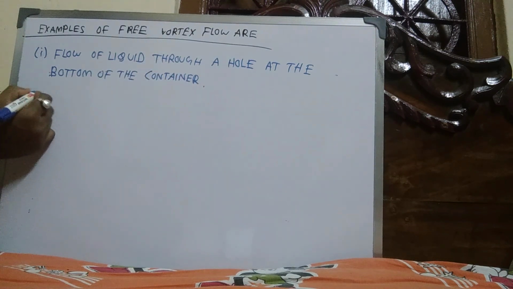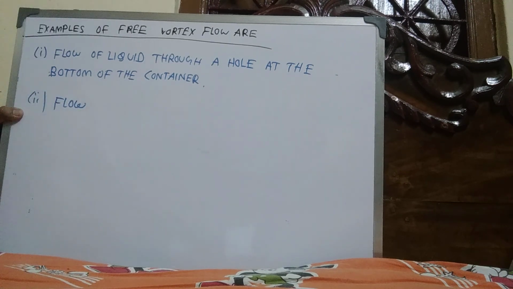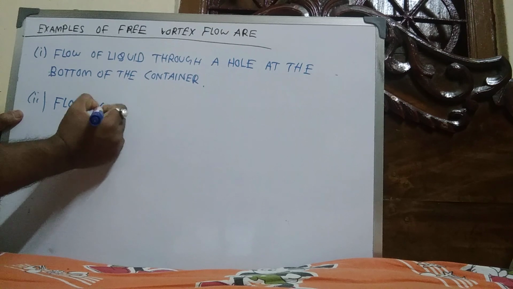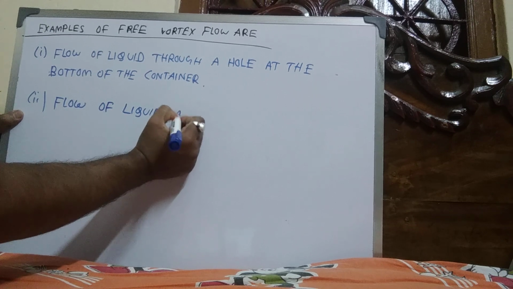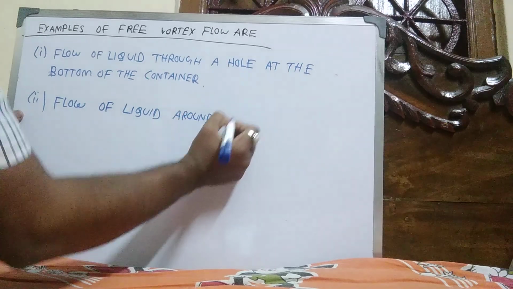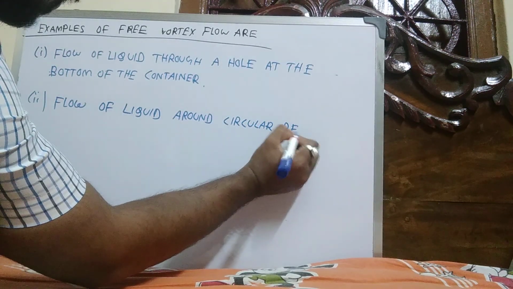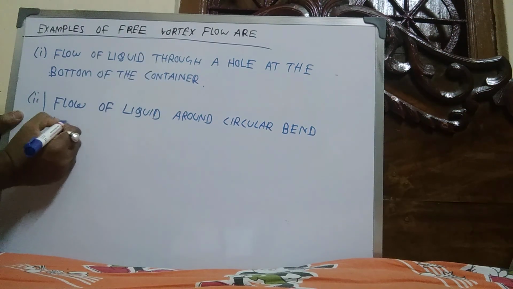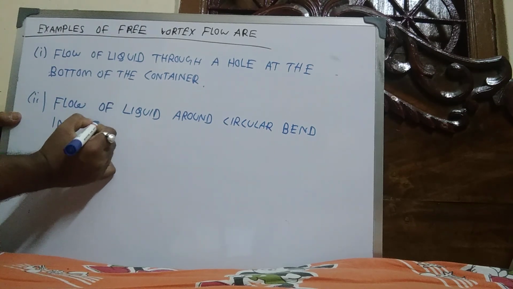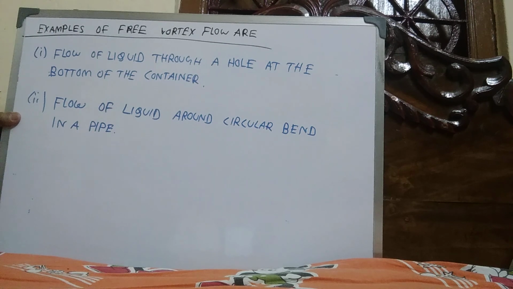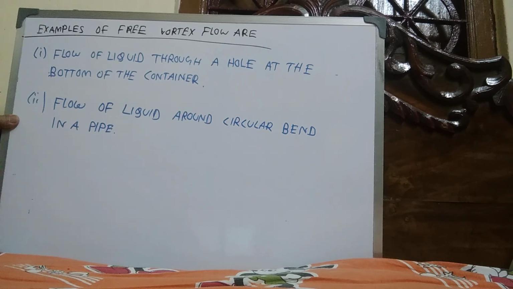Number two, free vortex flow of liquid around a circular bend in a pipe. Note it down, please.